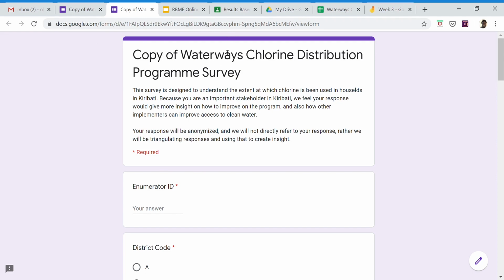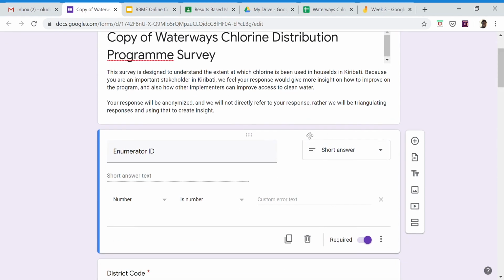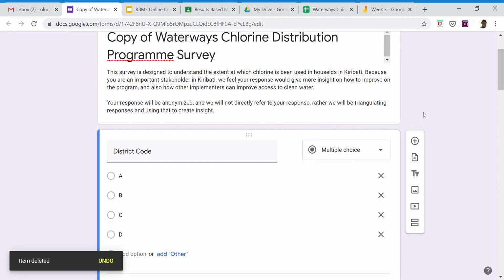So I'm going to show us. I'll close this now, and delete this because it wasn't there earlier on. But just to explain, you must consider this if you're using enumerators.